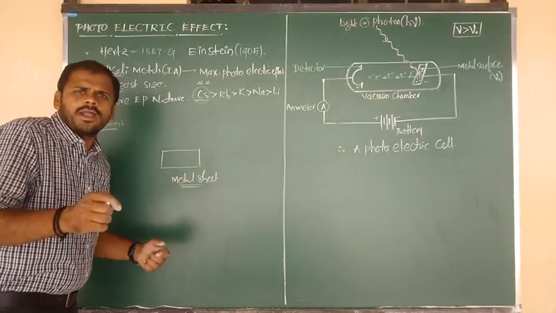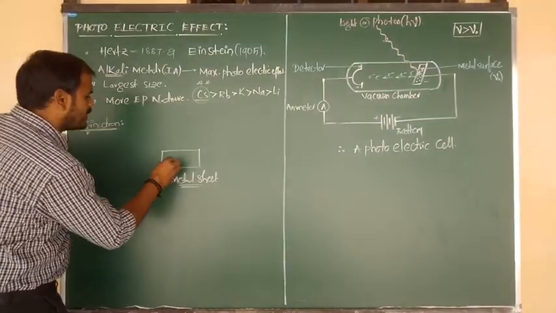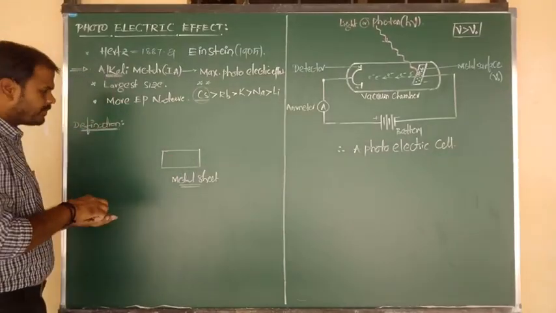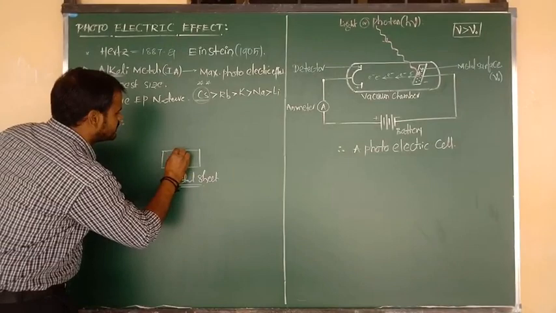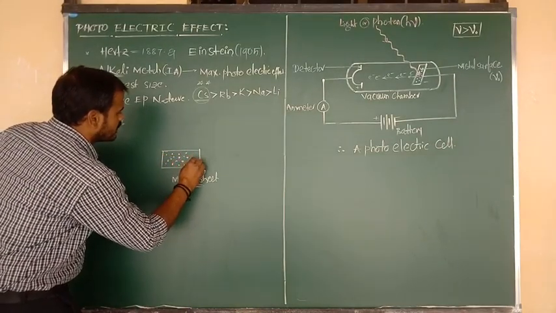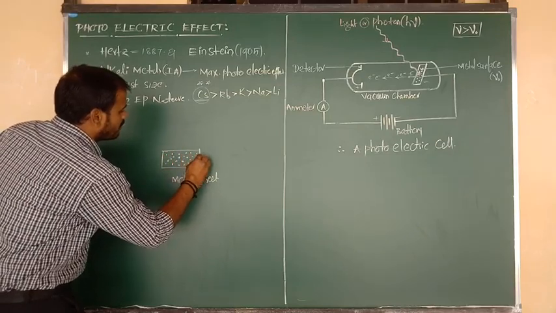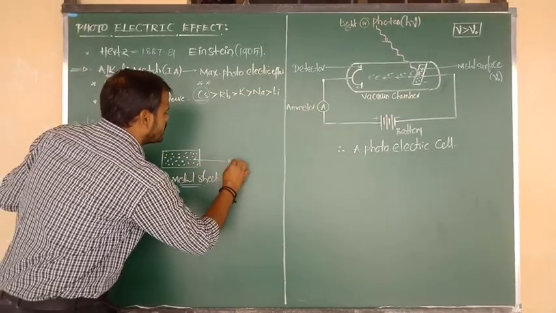Again, in every copper atom there will be a number of electrons. So simply we have to say that the metal sheet contains a number of electrons.